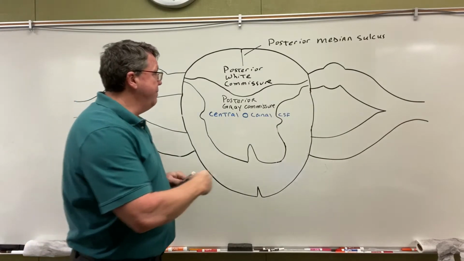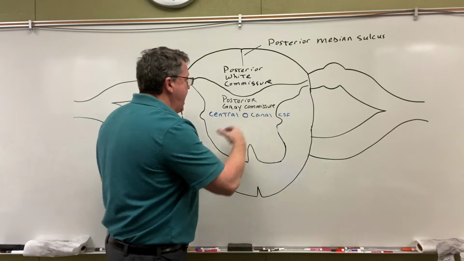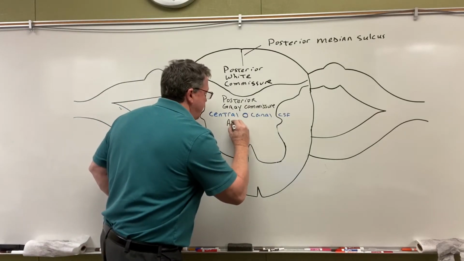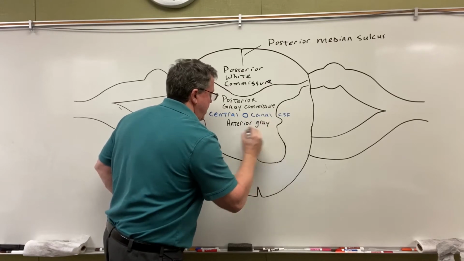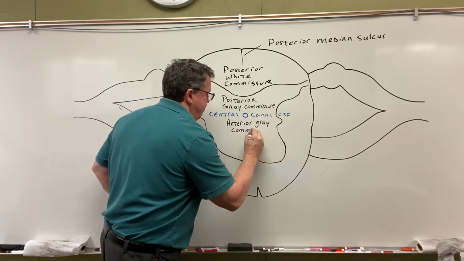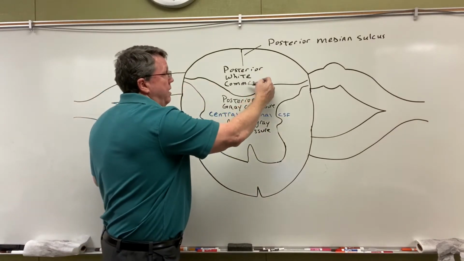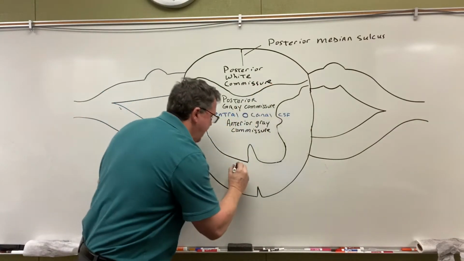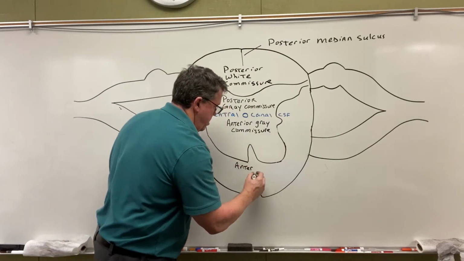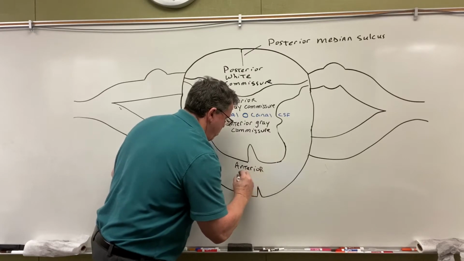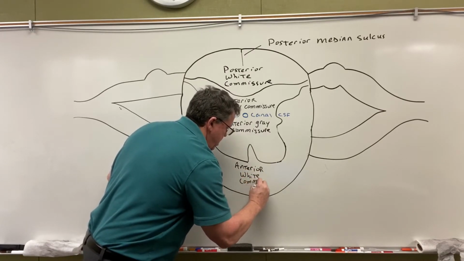The next thing is, if I have a posterior gray commissure, I have an anterior gray commissure. And if I had a posterior white commissure, I have an anterior white commissure.